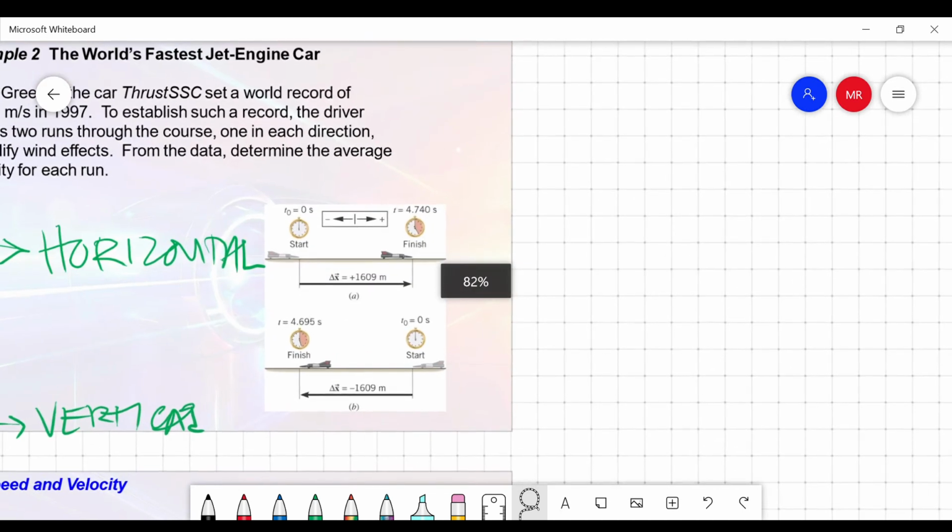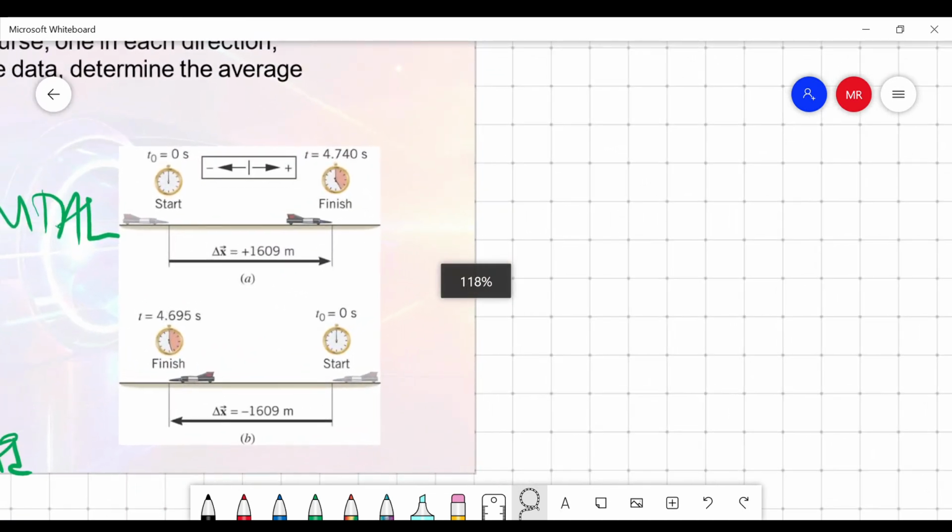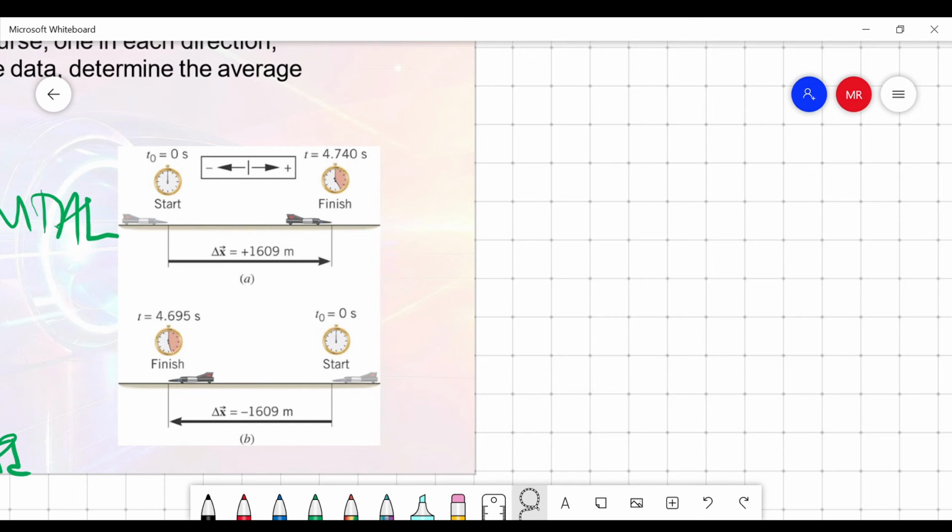Okay, so parang ito yung data, no? So sabi doon, tinest itong Thrust SSC that in the time of 1997, this was the fastest car existing. So to just eliminate the effect of wind or air resistance, nag-travel yung Thrust SSC first going right.